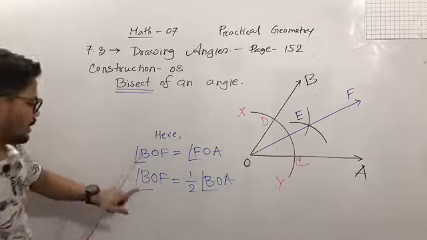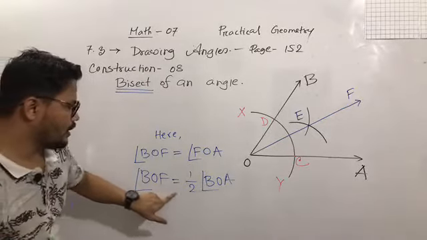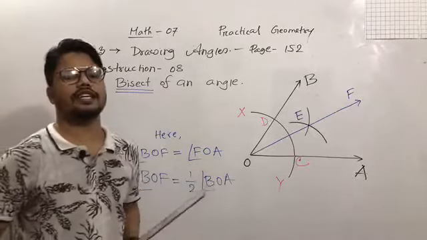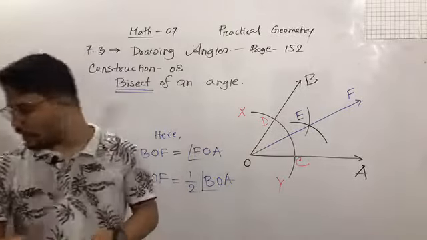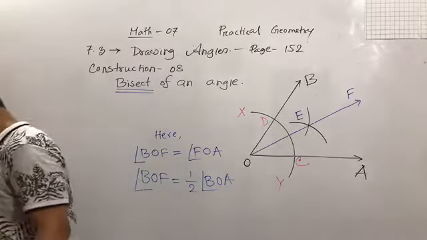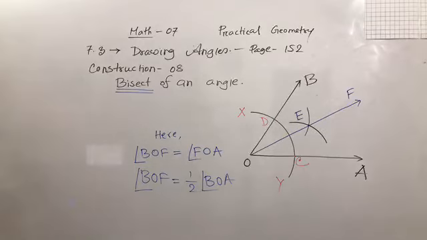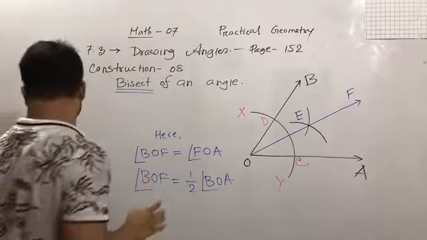That means we divided the previous angle into two equal portions. Now, step writing. I think the figure is okay to you, my dear students. Let me know, is it clear to you or not? How to write this step here?